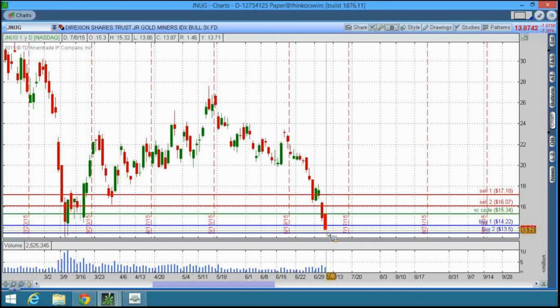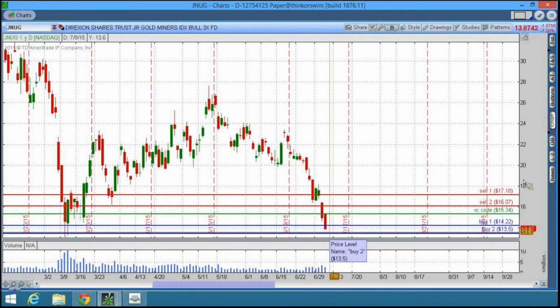And what this is saying for JNUG is that we are in a critical area of demand. We are in a critical area of support. Closing above 1422 would validate that analysis, or a test of 1350 is possible.